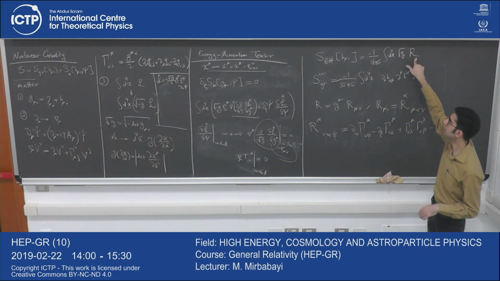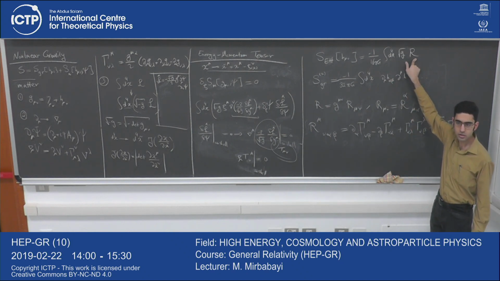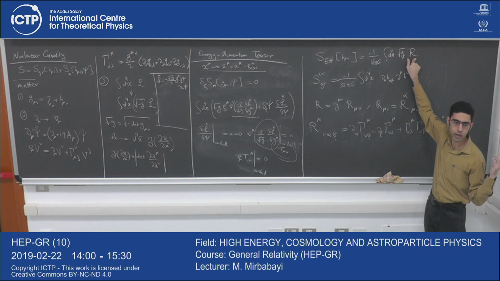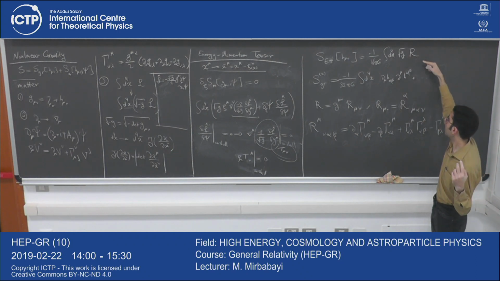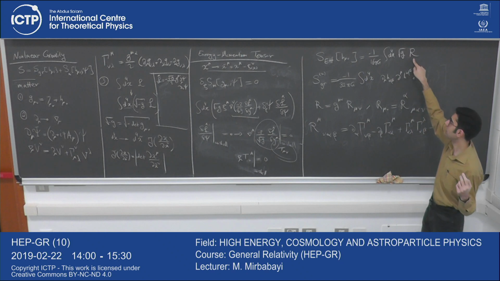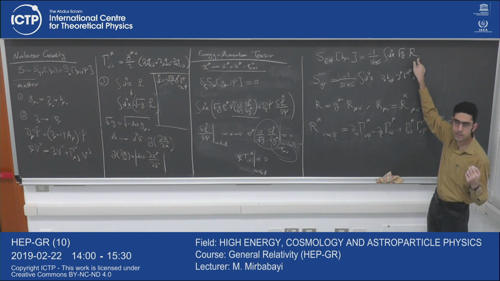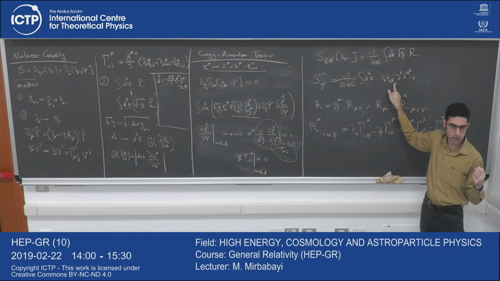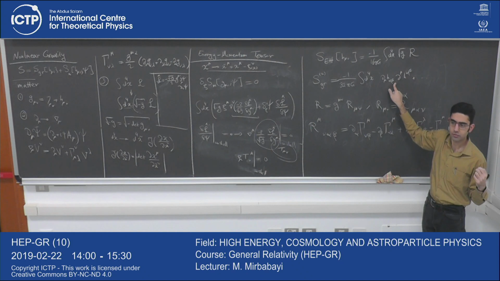So this Einstein-Hilbert action is just a generally covariant expression with two derivatives in every term. And this coefficient is chosen such that if I expand this to second order in h mu nu, up to total derivatives, it reduces to what we had before.